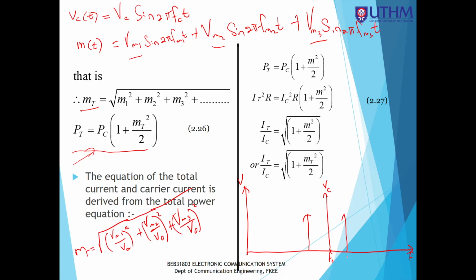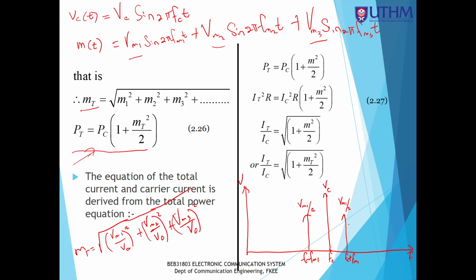So this is, for example, at Fc plus Fm1, Fc minus Fm1, and the amplitude is Vm1 over 2. And we have another one, depending on the value of the amplitude.